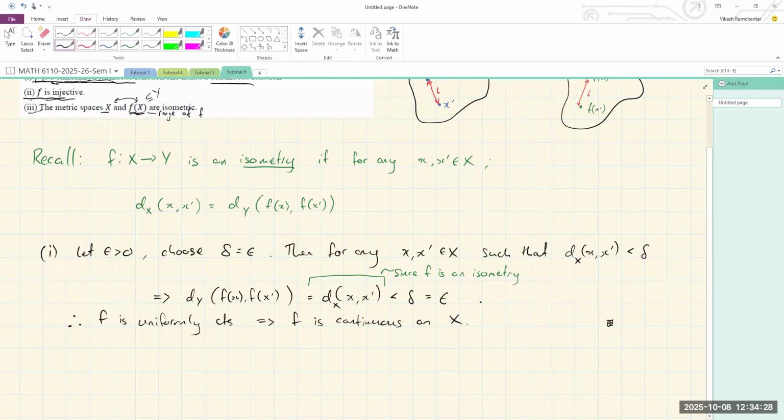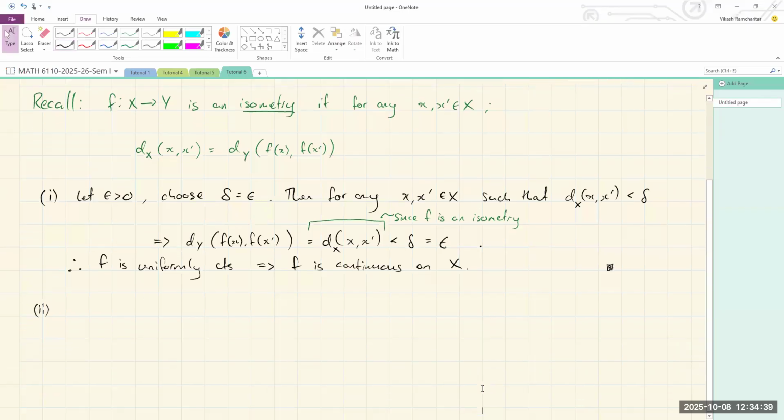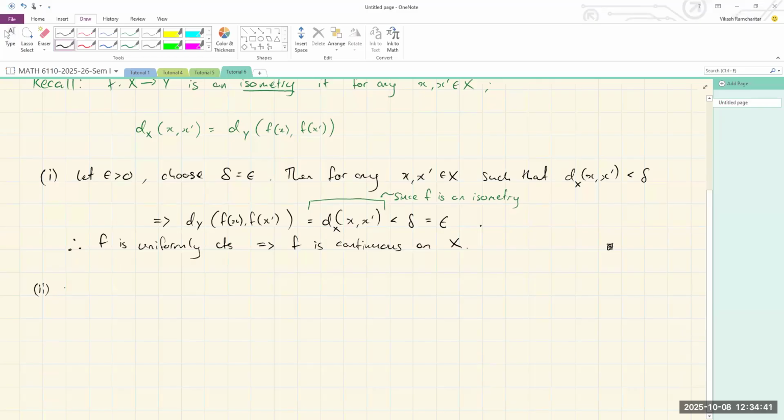I want to show if f is an isometry, then f is injective, or one-to-one. So the usual way to show injective is we suppose f of x equal f of y, and then we show x equals y.